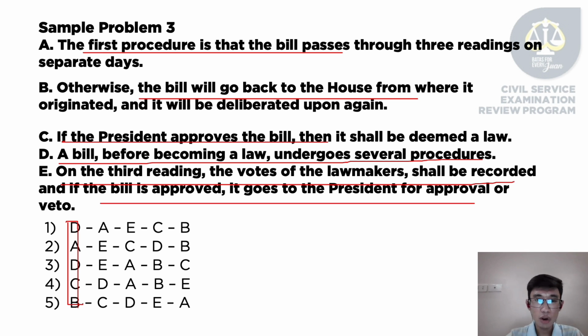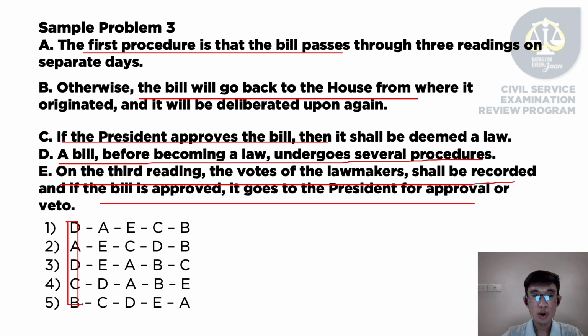Okay, so the first thing that you should always do again is to find your topic sentence, no? So again, compare everything, compare all these sentences, and ask yourself which is the sentence that best introduces the topic.